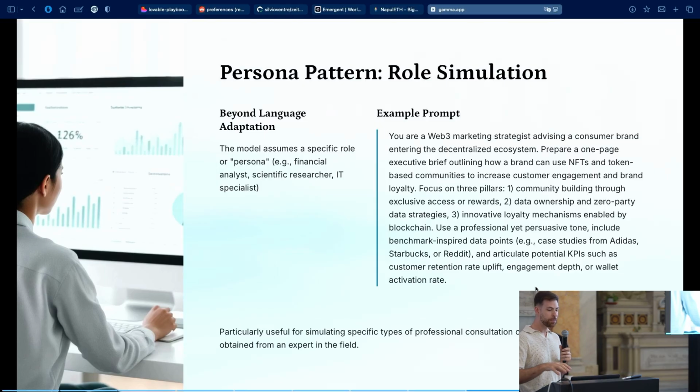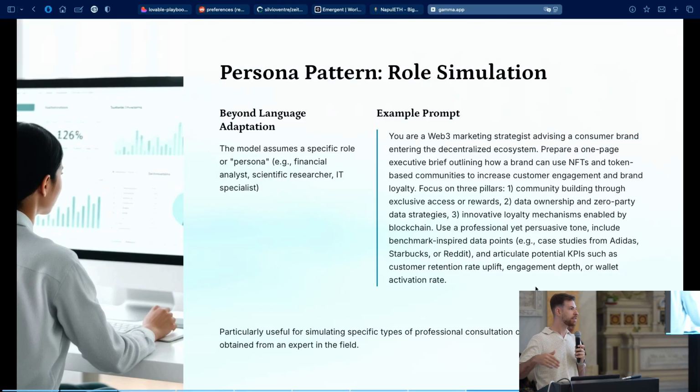In this case, you are telling the LLM that it is a specific role. So you are a Web3 marketing strategist advising a consumer brand entering the decentralized ecosystem. I provide a lot of context, and I said that it has to prepare a one-page executive brief outlining how a brand can use NFTs and token-based communities to increase customer engagement and brand loyalty.